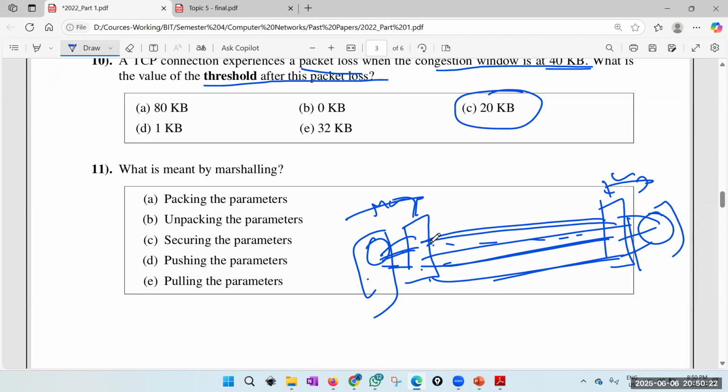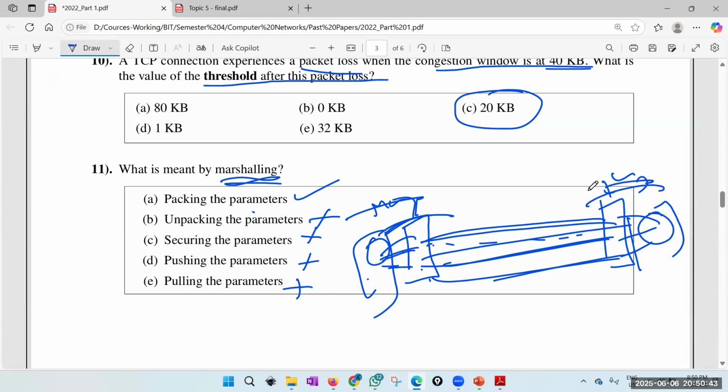Right. What is meant by marshalling? Packing the parameters. Marshalling is packing, unmarshalling is unpacking, right? Nothing to do with security, not pushing or pulling, nothing.